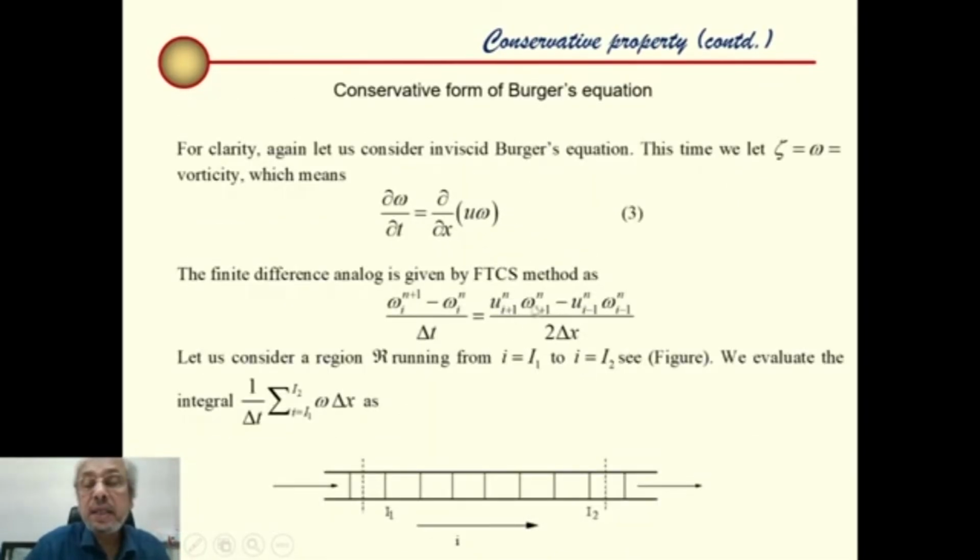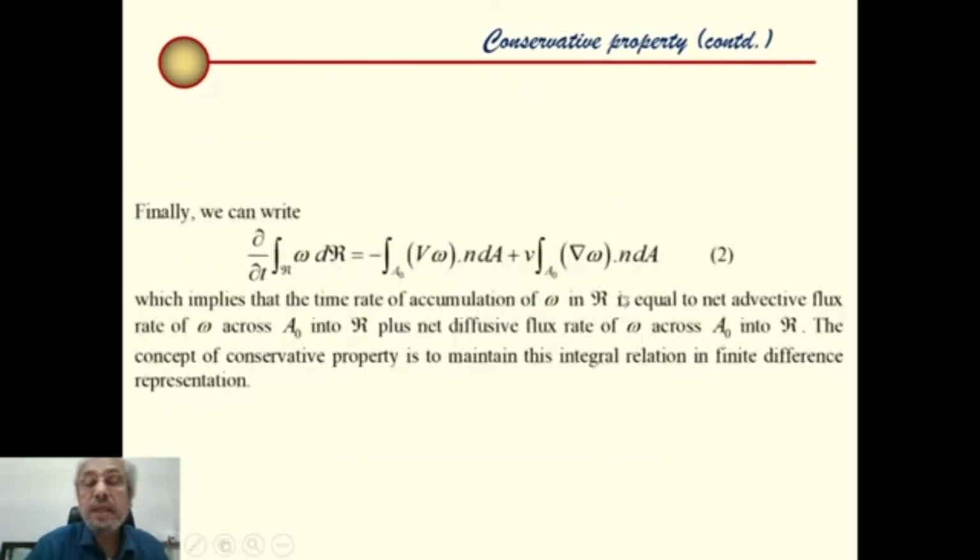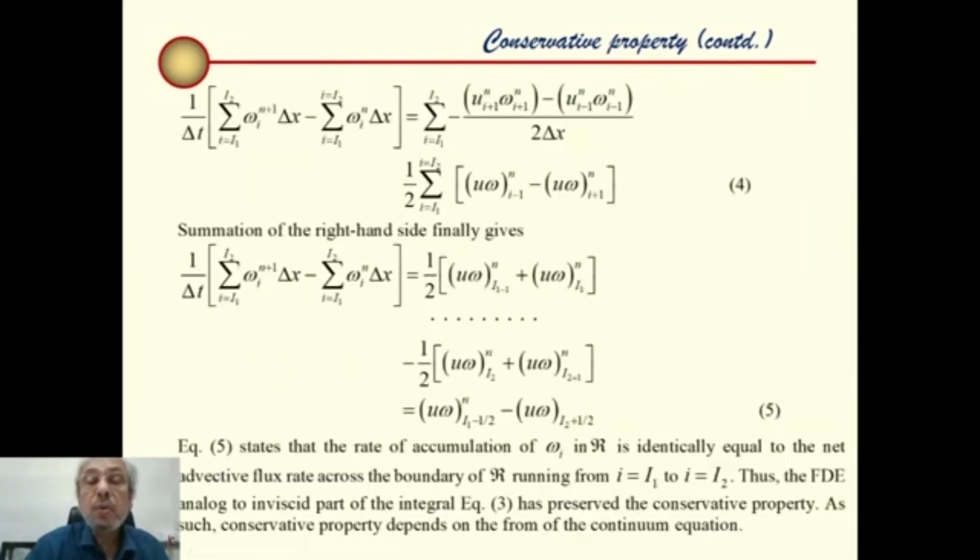Basically, this quantity will be integrated over the space, I equal to I1 to I2, and I have made a small mistake. Delta x will come here. Delta x has come on the left hand side, and delta x will appear on the right hand side too.